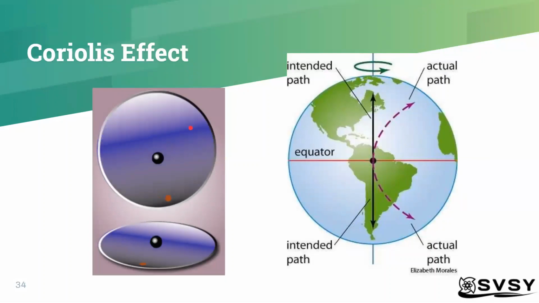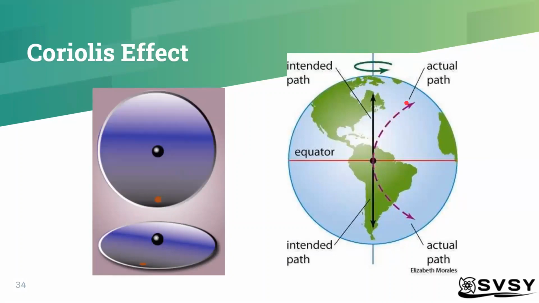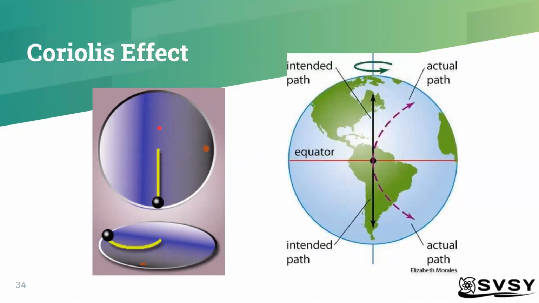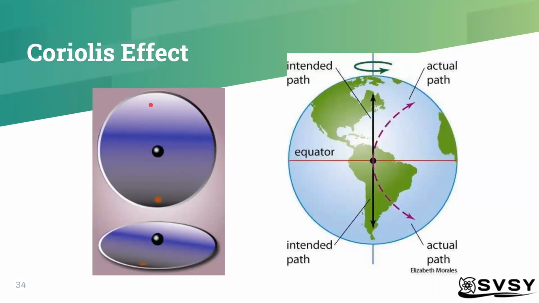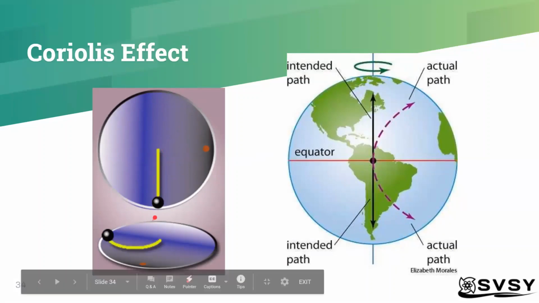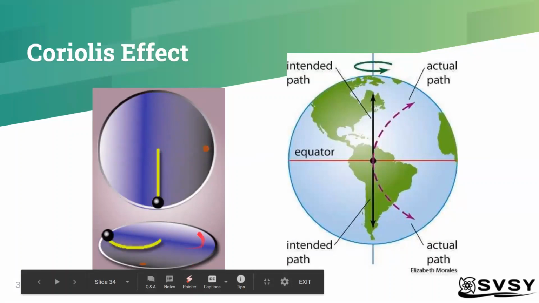So the Coriolis effect is the reason why winds look like they are curving. If you look in this GIF, the ball is rolling in a straight line and the disc behind it is turning. So even though the actual movement is straight, when you look at it with respect to the spinning disc, it actually appears to curve.